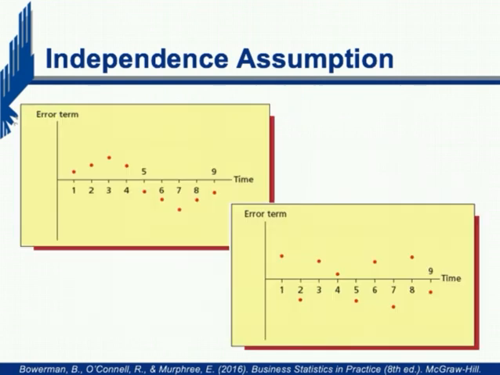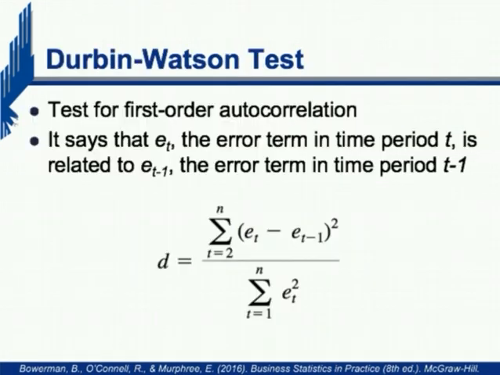Here is an example of a plot that shows positive autocorrelation, while this one shows negative autocorrelation. If these two can be observed, then we can say that the independence assumption is violated, and we can't rely on the linear regression analysis in order to make statistical inferences.